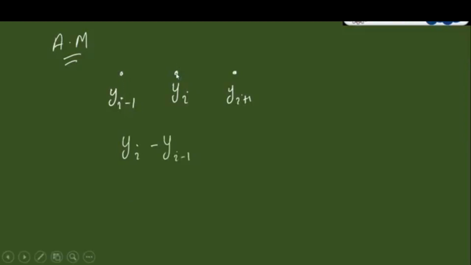So this is the node I am at, and I computed its difference from its previous value. As per the definition of AP, that quantity must be equal to the consecutive difference on the other side, because this term has two consecutive values, this term and this term.